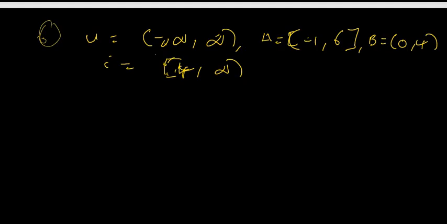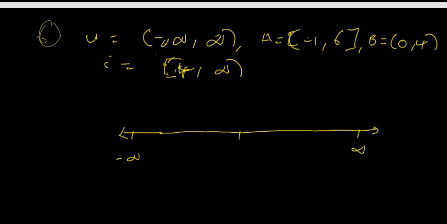So if it's to illustrate these sets on the number line, we simply do it like this. We have negative infinity, then we have 0 there.